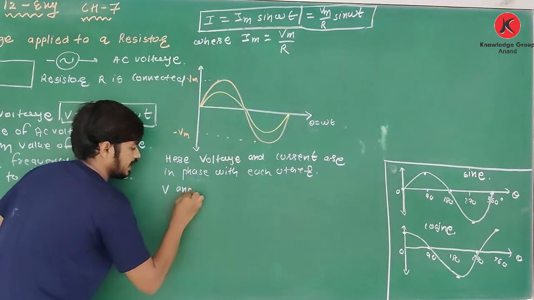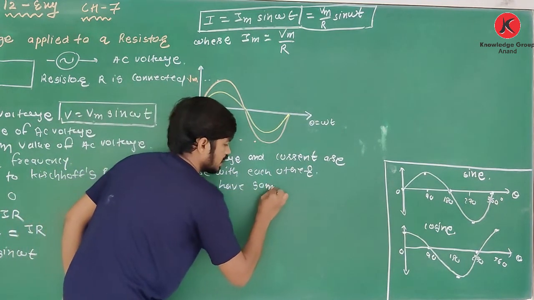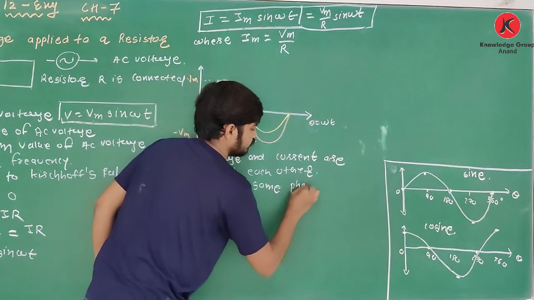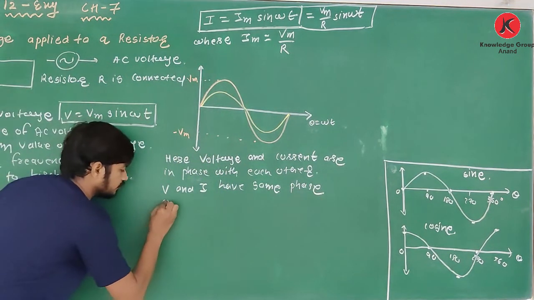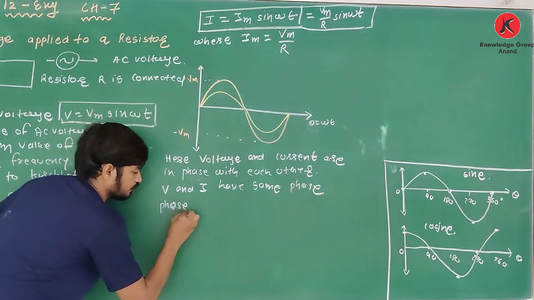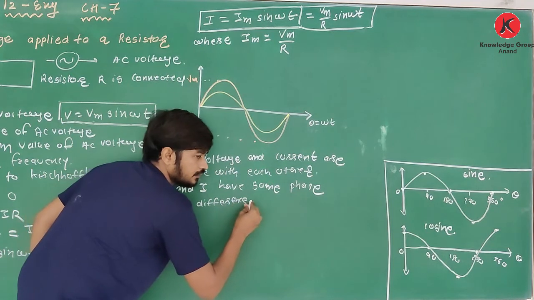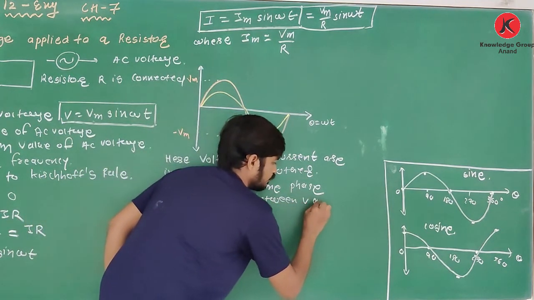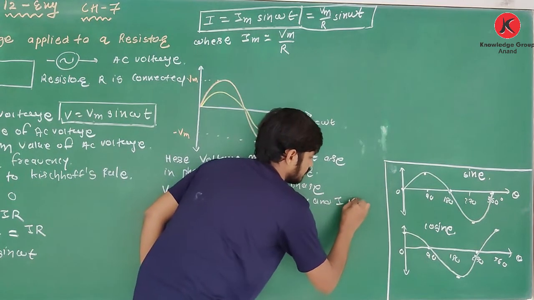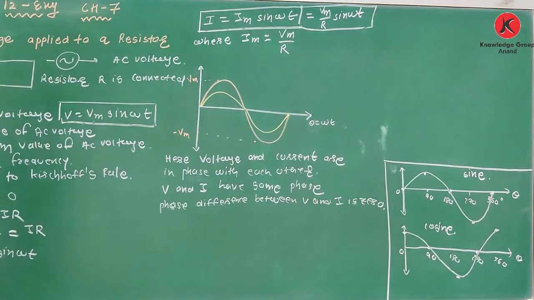V and I have the same phase. It means the phase difference between V and I is 0. You have to remember this statement.